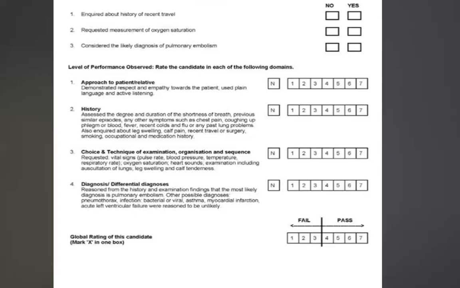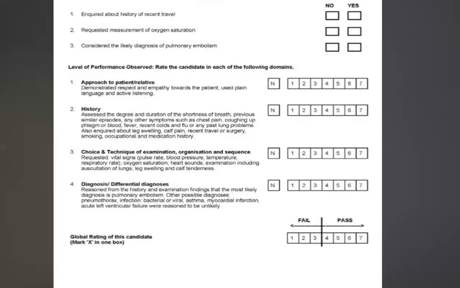As a rule, remember that for the AMC exam, we have to mention our main diagnosis plus at least 3 or 4 differential diagnoses for each case. Always mention the main diagnosis first. Always mention that this is the most likely diagnosis. And then proceed with the differentials.